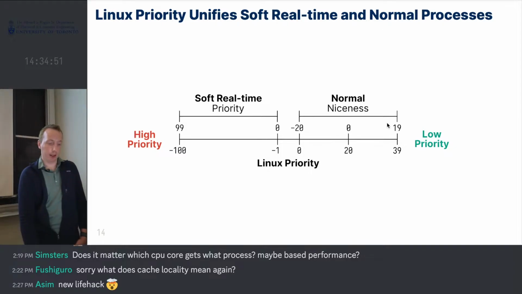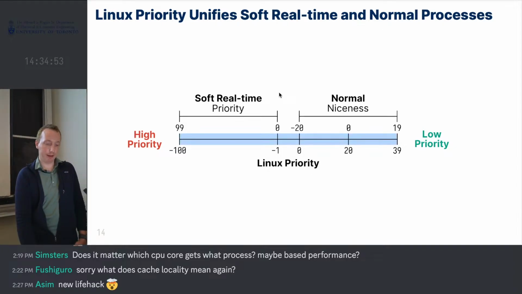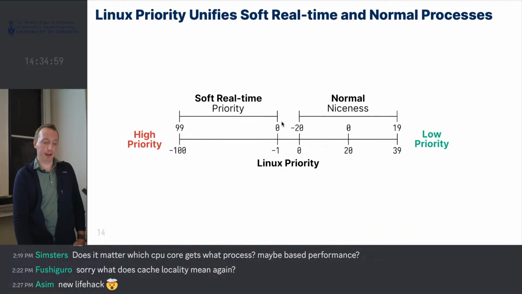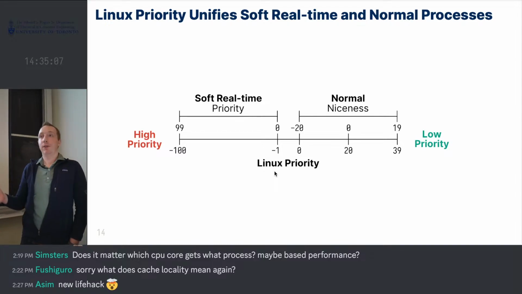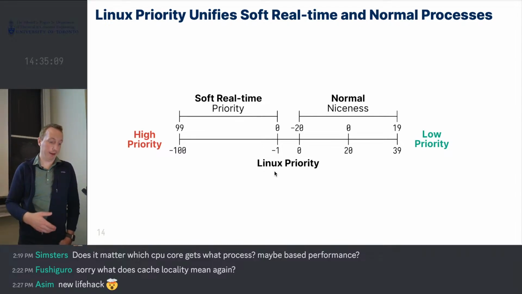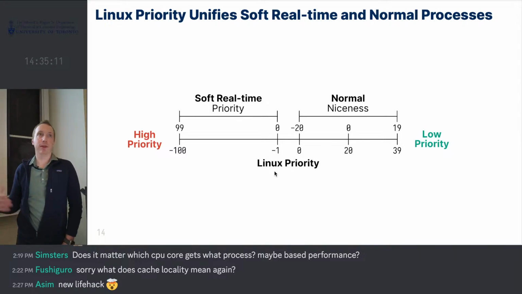Your soft real-time tasks, with their priority scale of 0 to 99, where 99 is higher, are mapped to -100 to -1 in the Linux priorities. That way, if you see a priority on Linux that is negative, you know it's a soft real-time task, and how negative it is indicates its priority.